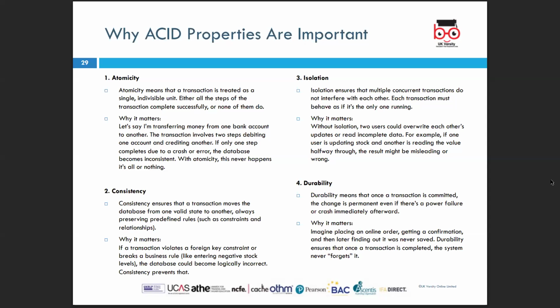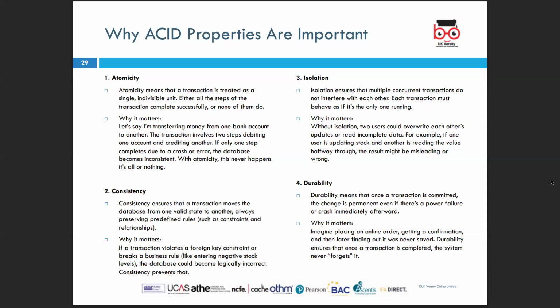The transaction involves two steps: debiting one account and crediting another one. If only one step completes due to a crash or error, the database becomes inconsistent. With atomicity, this never happens and it's all or nothing.